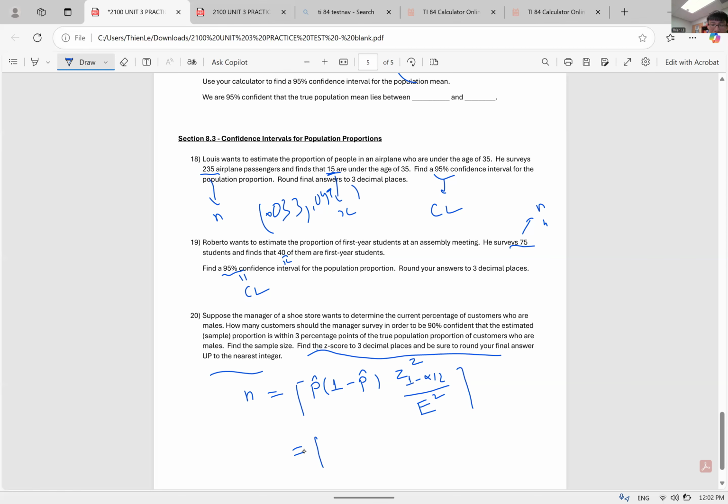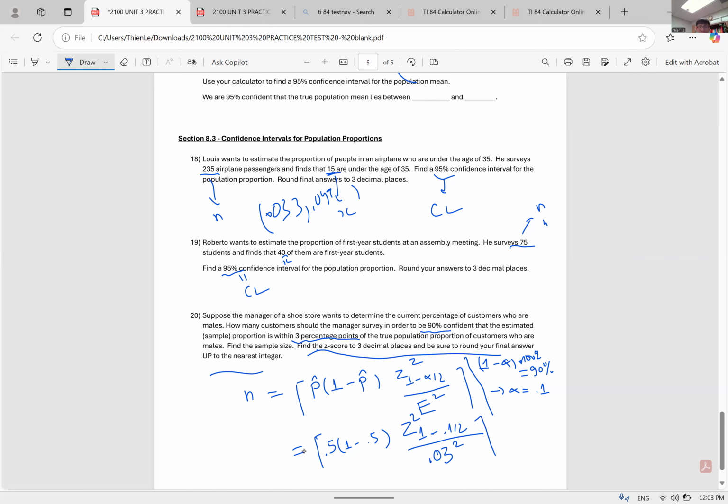So after you find the solution for this whole big quantity, you just round it up, right? Because your confidence level is 90%, which means 1 minus alpha equals 90%, so your alpha will be equal to 0.1, okay? So this means z of 1 minus 0.1 by 2, squared. And the error here is 3 percentage points, which means 0.03, squared, okay?